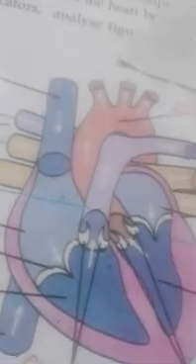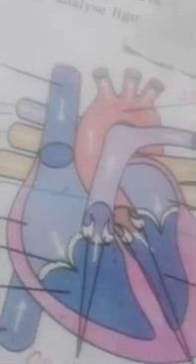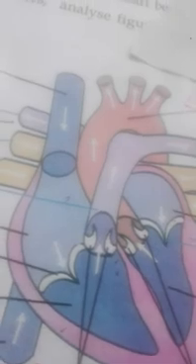Here at the beginning of this aorta, you can see another valve. This valve is called the aortic valve. And here also you can see a valve at the beginning of the pulmonary artery. So, pulmonary valve, aortic valve.